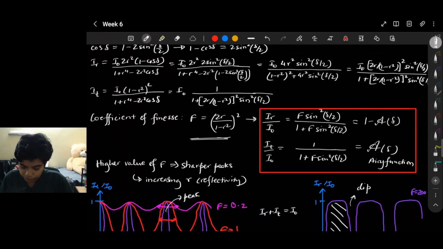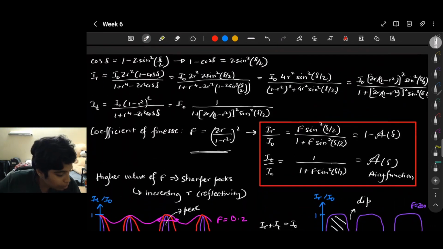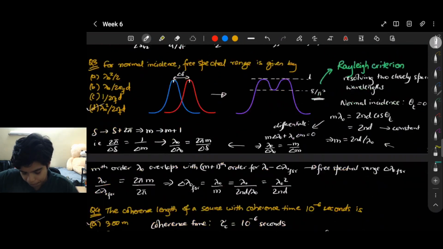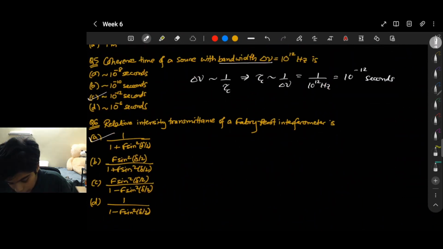So these are the expressions, and we were told to select the correct option for relative intensity transmittance, which is nothing but this. And this term over here is for reflectance.